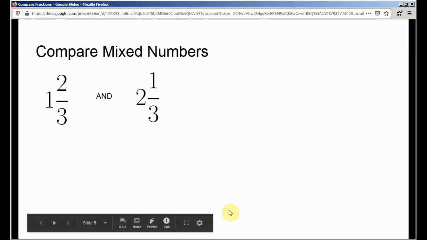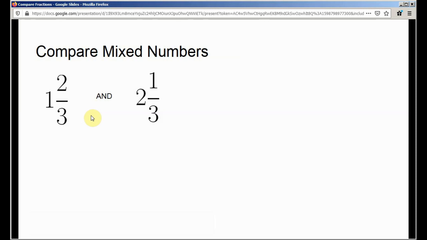Let us find another one, a little bit more complex. In this I have given two mixed numbers. There is always a possibility that one of them will be a mixed number and the other will be some other number.